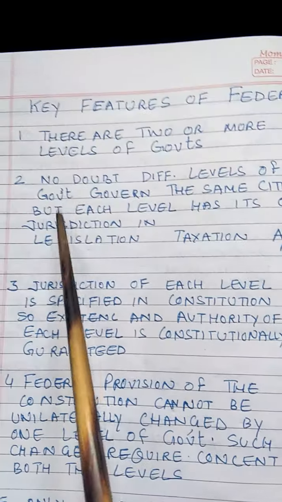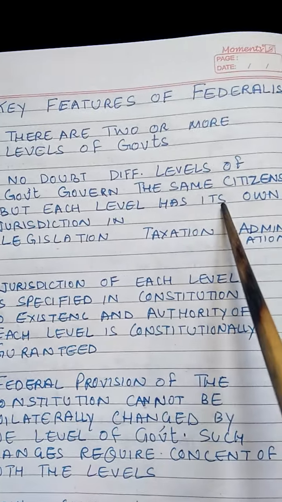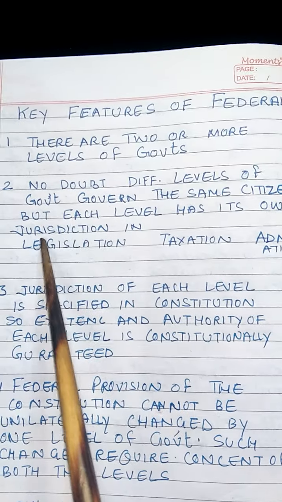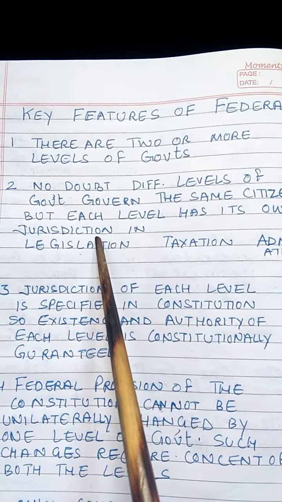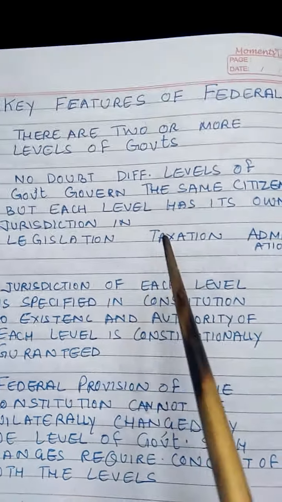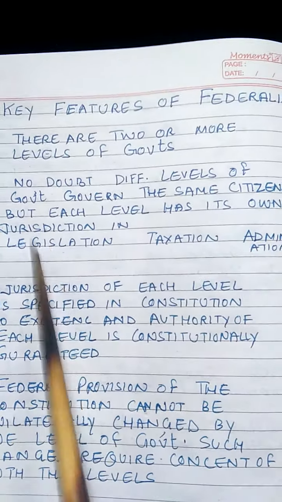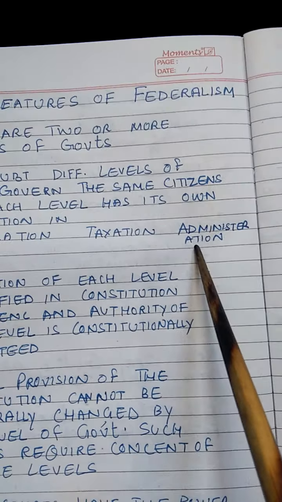So, no doubt, different levels of government govern the same citizens, but each level has its own jurisdiction, sphere of working in taxation, legislation, making laws, and administration.